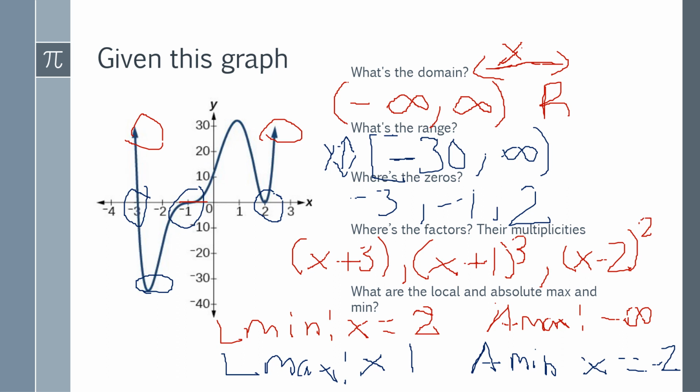But for the min, it was when the x was at 2, and that's local. Again, local, not absolute. Alright? Alright, my people. Let's proceed on.